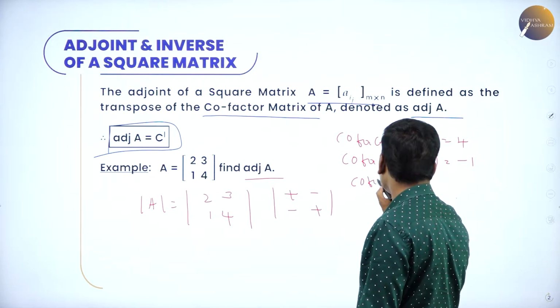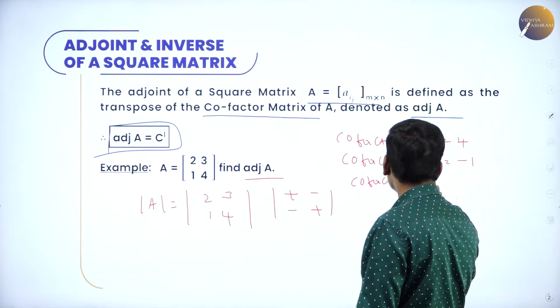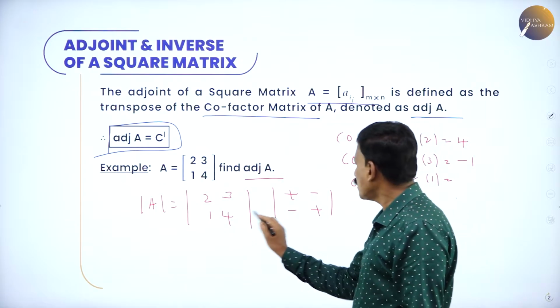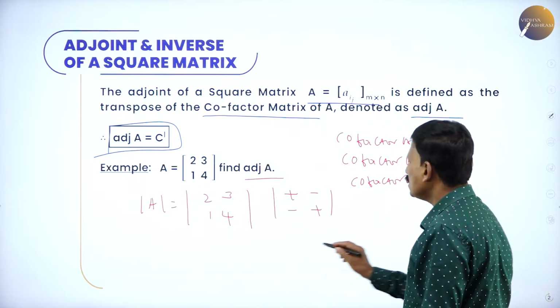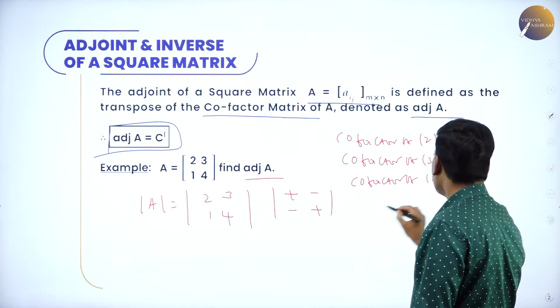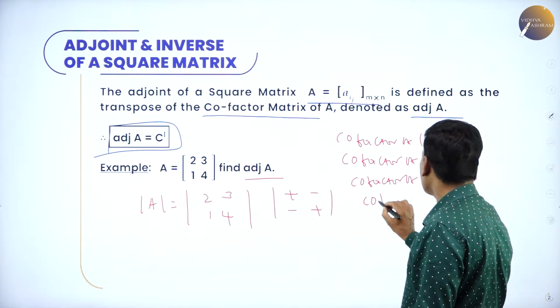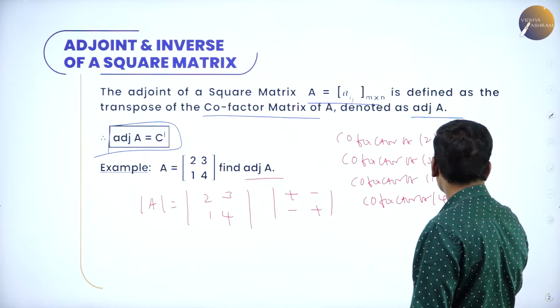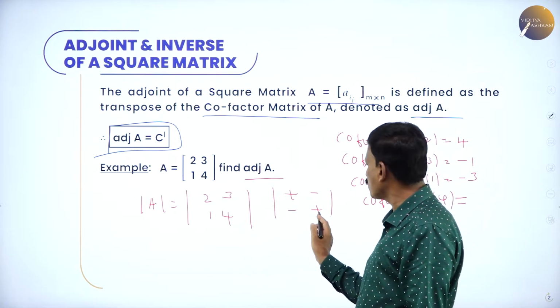Similarly, cofactor of 1, what is the sign? It is negative sign. This row and column is deleted. What is remaining is 3. And final element, the cofactor of 4 is positive.